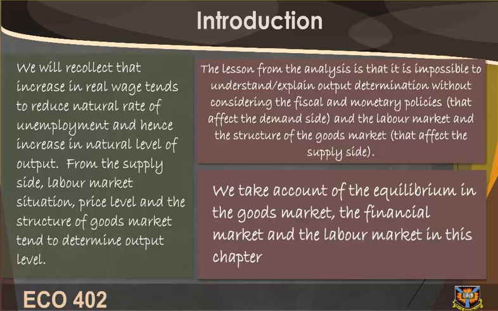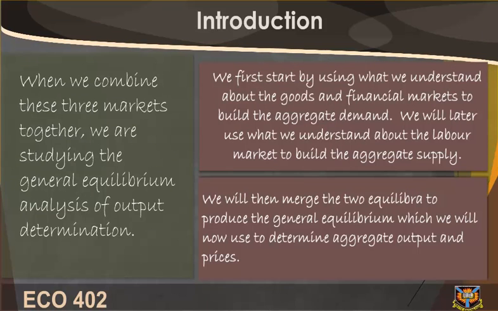We take account of the equilibrium in the goods market, the financial market, and the labor market in this chapter. When we combine these three markets together, we are studying the general equilibrium analysis of output determination. We first start by using what we understand about the goods and financial market to build the aggregate demand.